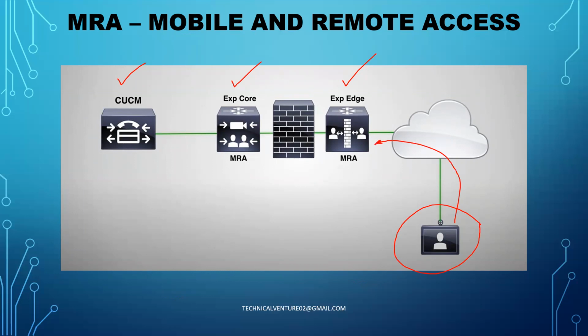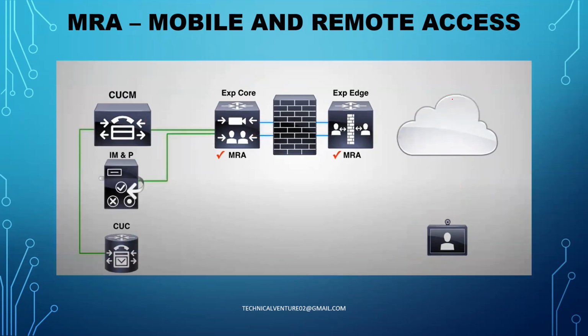Then this Expressway Edge is connected with the Expressway Core, right? And then this Expressway Core will take that request to the CUCM, and then it will get registered, right? So you will have a firewall after the Expressway Edge also, right? So let's discuss that now.